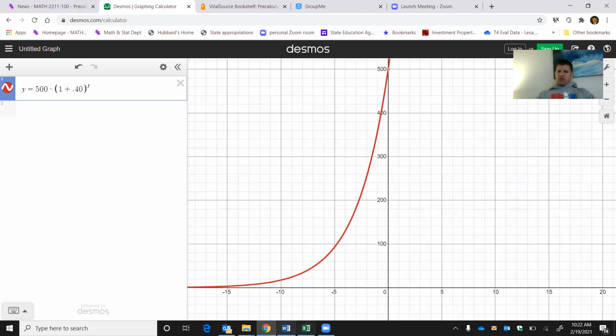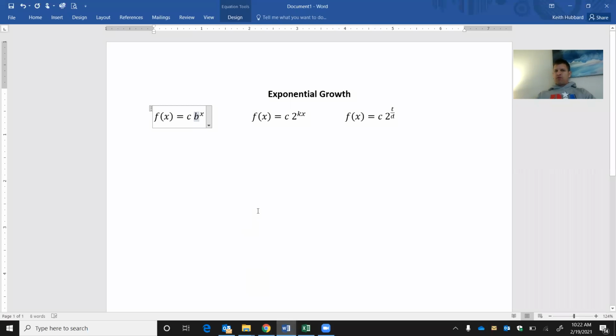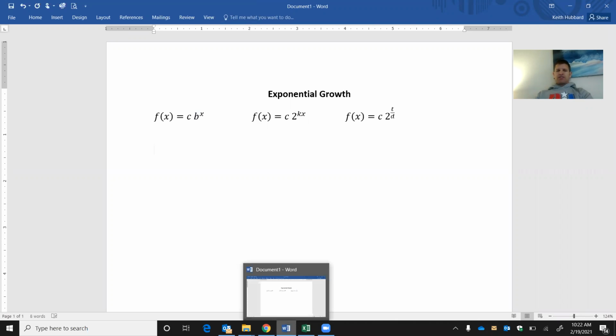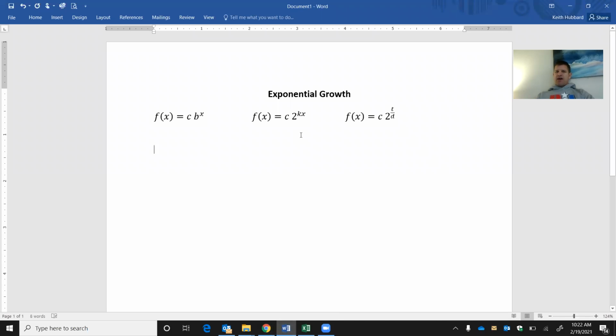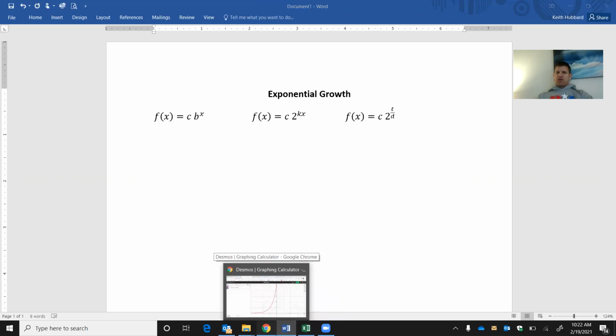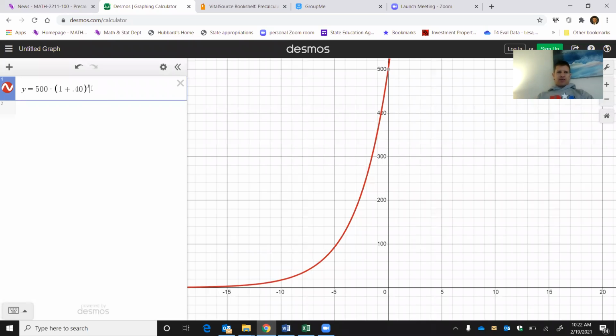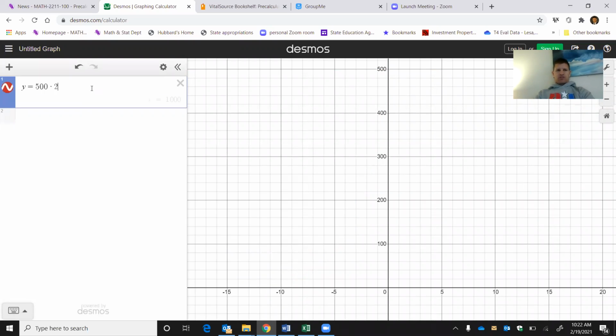So that's one model that is helpful, shows up in most textbooks. This is another model. This model focuses on a base of 2, okay? A base of 2 means you're doubling, and then they have a k there. Let's imagine we want to think in terms of doubling. Here's our bed bugs, since we already have those up.